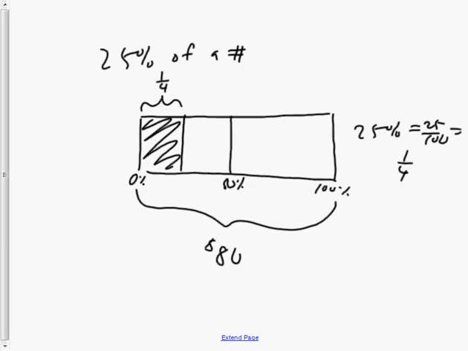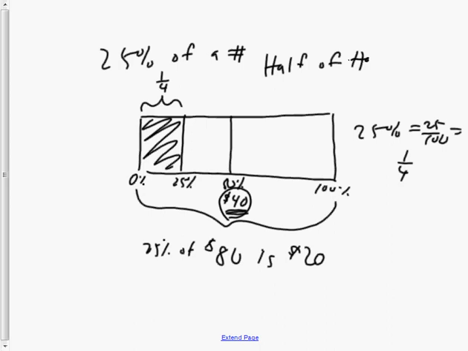Since we know that 50% was $40, 25% must be half of 50%, which means that 25% of $80 is half of 40, which is $20. So when we think about 25% of a number, we're really just thinking about half of half. That's pretty simple.